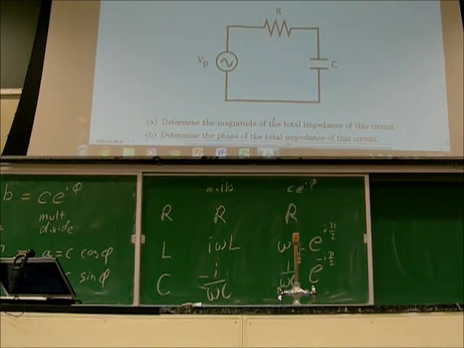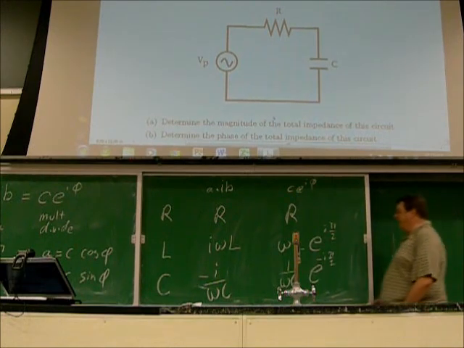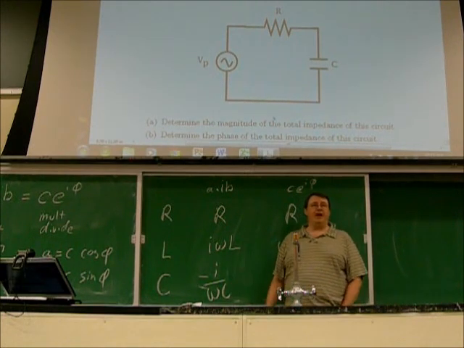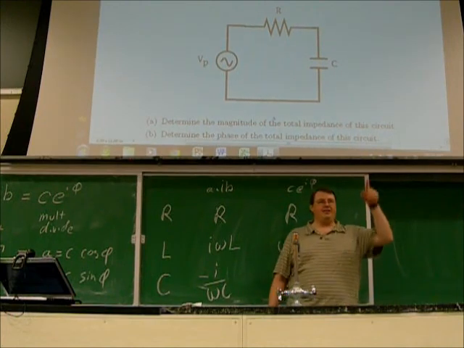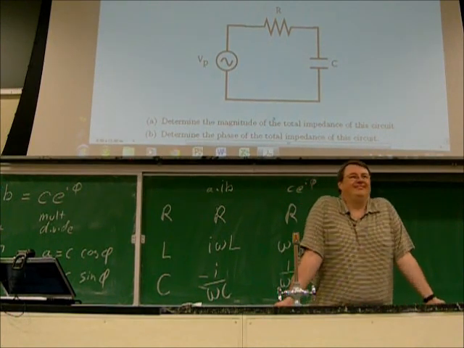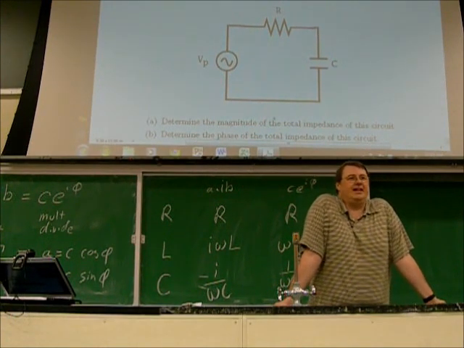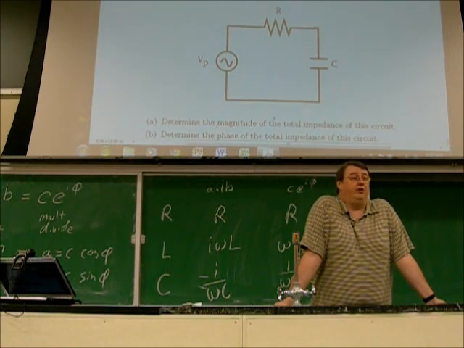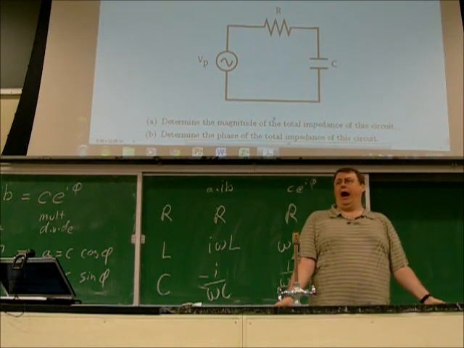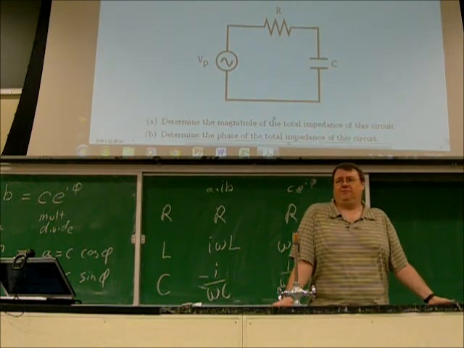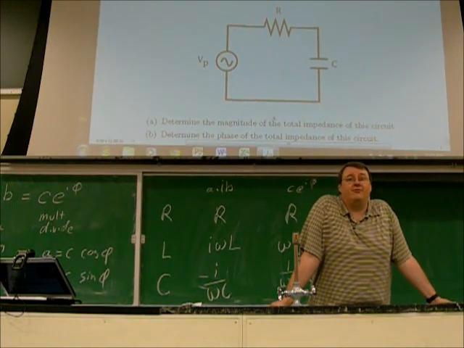Yes? Those e to the i pi over 2s, are they a calculation or just a thought process of thinking about the voltage? I can do it with a calculation because i can be written as 0 plus i times 1. Okay? Then in that case, I can get the phase by saying that I need to take the inverse tangent of 1 over 0. You may say, wait a minute, inverse tangent of infinity? What's the curve for tangent look like?